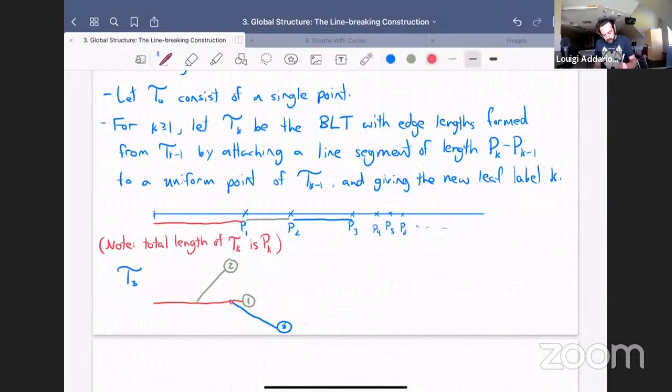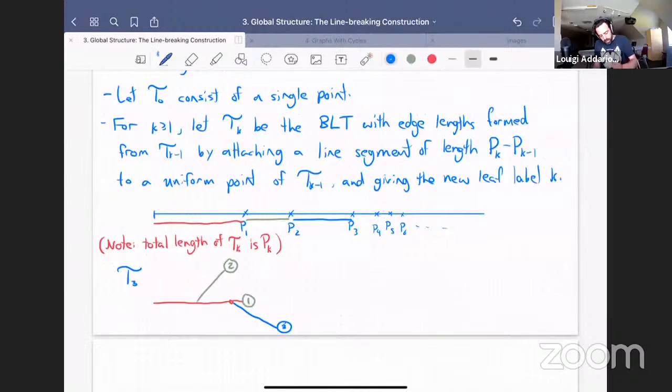This is a tree which has 5 edges: 1, 2, 3, 4, 5. When we attach to a uniform point, we're always subdividing an edge, which creates 2 edges out of 1, and then we add an additional new edge to the new leaf.